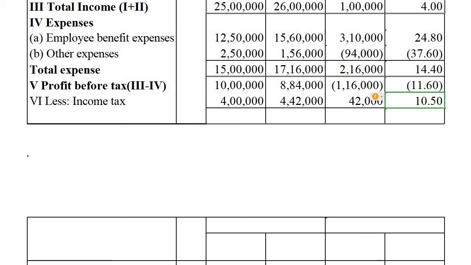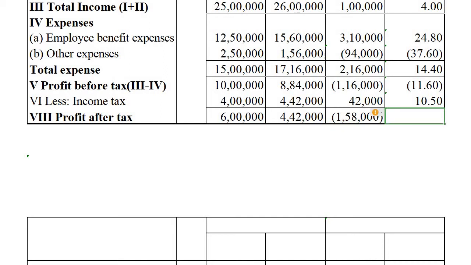Income tax is to be deducted, then we will get profit after tax. So we can write here profit after tax. Profit after tax for the previous year is 10 lakh minus 4 lakh, we will get 6 lakh, and for the current year, 8,84,000 minus 4,42,000, which is 4,42,000. So the absolute change is 6 lakh minus 4,42,000, a decrease of 1,58,000 rupees.